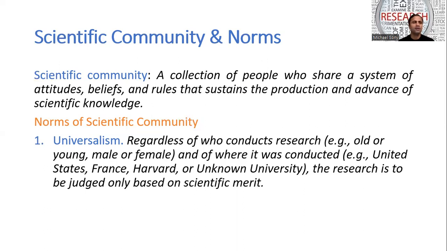Rather, we are going to judge the research by its merit. We are going to say what hypothesis was formed, how the testing was conducted, and whether the results were concluded based on facts or not.